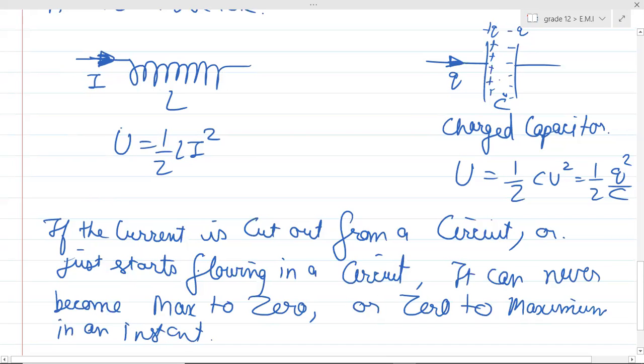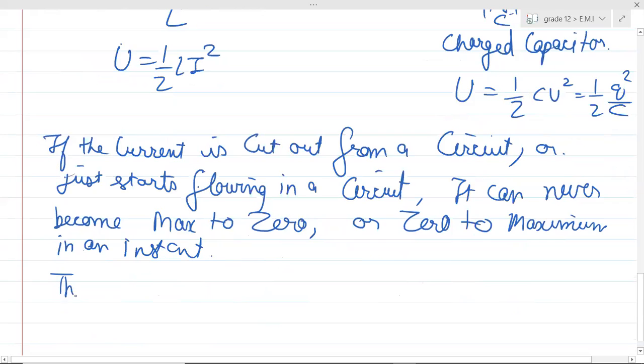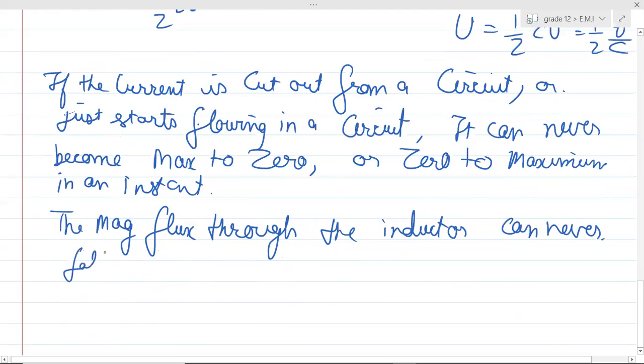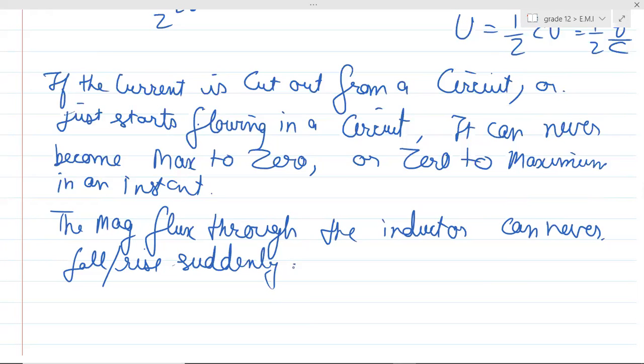Yes or no? That implies the magnetic flux through the inductor can never fall or rise suddenly. Is this statement making any sense or not? Yeah, it makes sense.